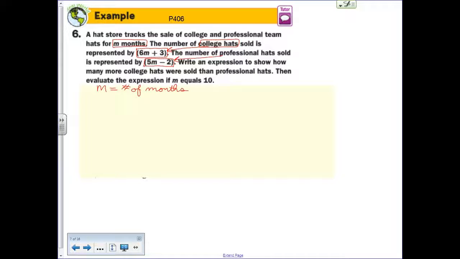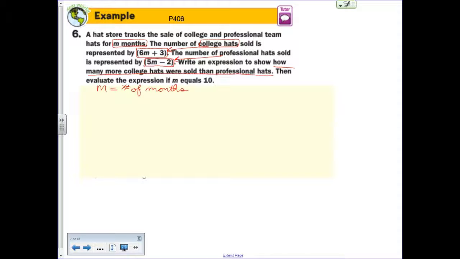Write an expression to show how many more college hats were sold than professional hats. So how many more college hats than professional hats? So which were there more of sold? Yeah, the college hats.